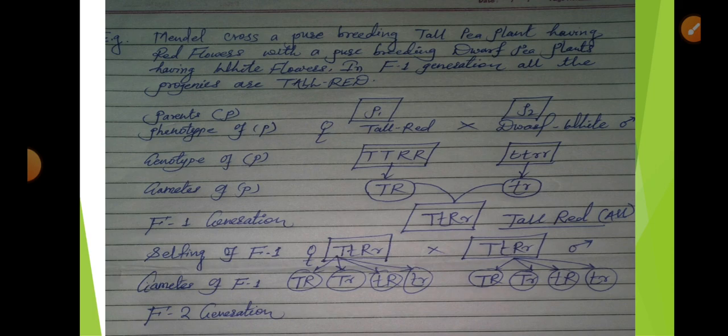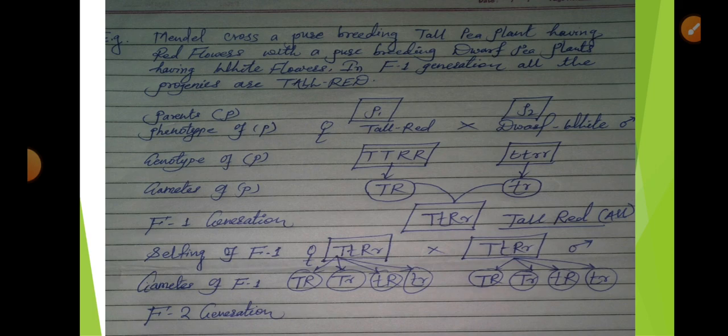When we carry out selfing of the F1 generation, capital T small t capital R small r is considered as a female plant, and the same genotypic plant is crossed as the male plant. The gametes of F1 will be capital T capital R, capital T small r, small t capital R, and small t small r.